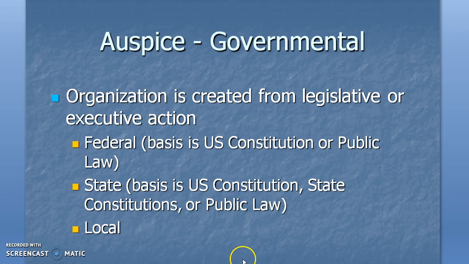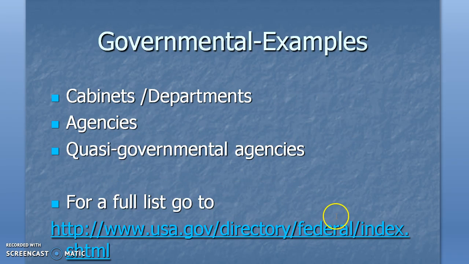Next slide. So governmental auspice, what does that mean? It's an organization that's created from a legislative or executive action, generally such as the federal constitution or some public law, state constitution, or local charters. Next slide. Examples. At the federal level, we have cabinets and departments.